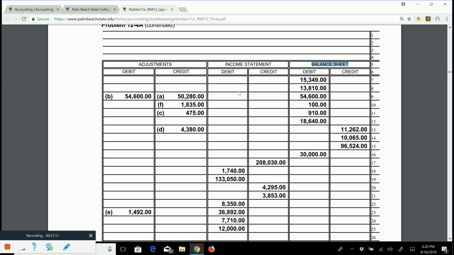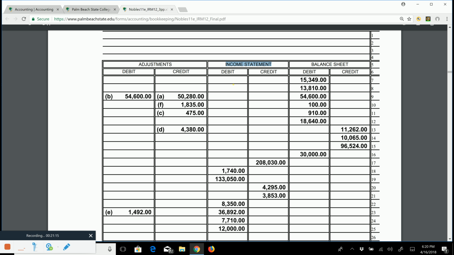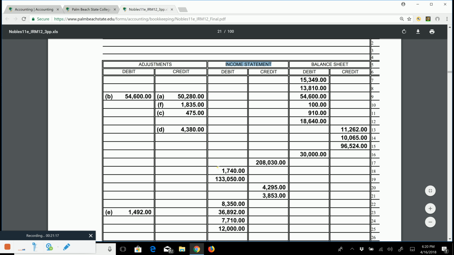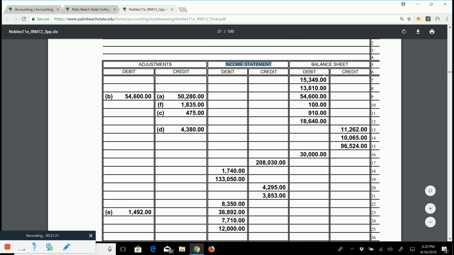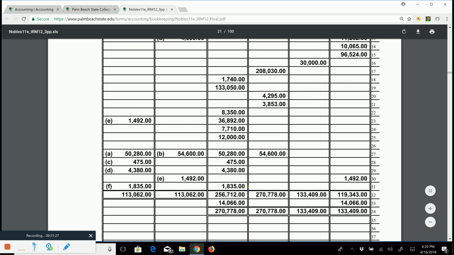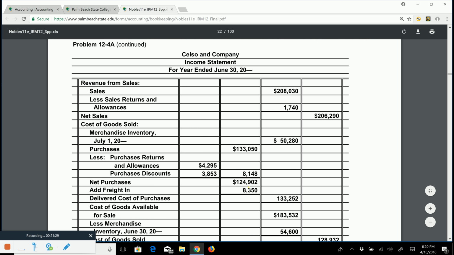If they are revenue or expense accounts, you're going to bring those balances over in this column here, the income statement column. All right, and so here are your final numbers in the last two columns for your two financial statements, your income statement and your balance sheet. And now basically we can prepare formal statements.